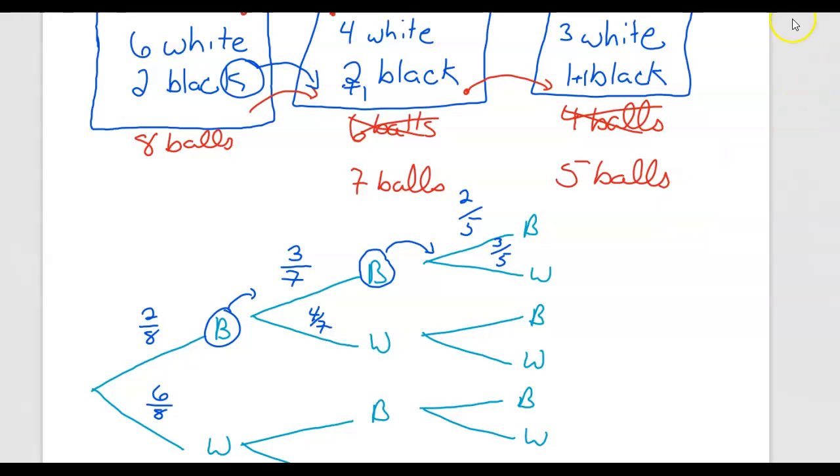So what that means is that instead of 3 white balls, I have 4 white balls. So I have 4 out of 5, and I go back to my 1 out of 5. So each time, whatever you're drawing on the previous box, you're increasing the next box by that color.